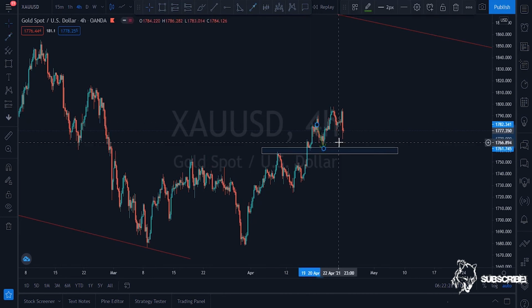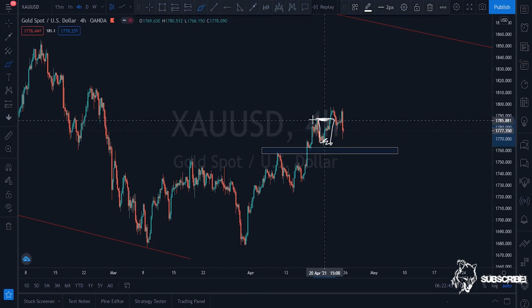That is the retest, and from there we want to look for the buys. You can see that the market did exactly what we anticipated. It made a drop there, started to correct, and then shot to the upside, and that's where we had our profits.